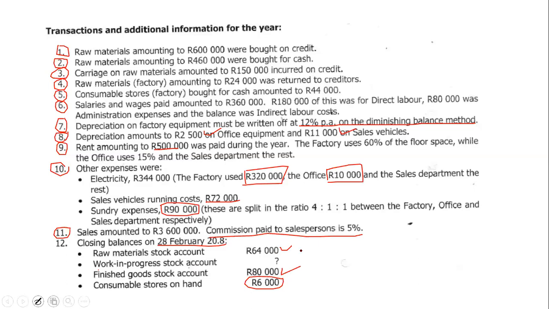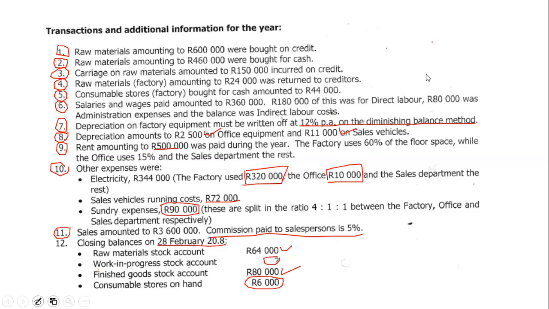What are we missing here? Work in progress at the end. And work in progress at the end of the year normally goes to the production cost statement. Do you agree with me? But now, if it goes to the production cost statement and we don't have it, they must at least give us something. We'll deal with that just now.